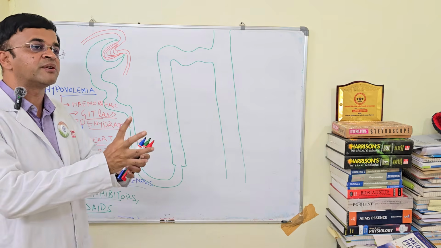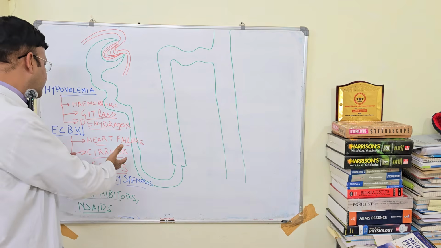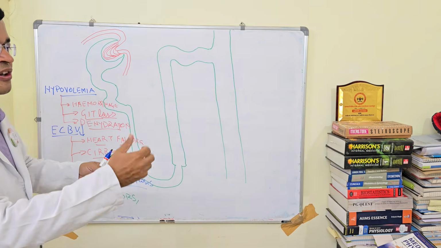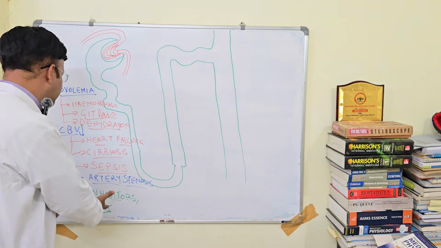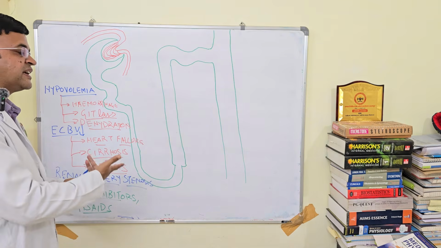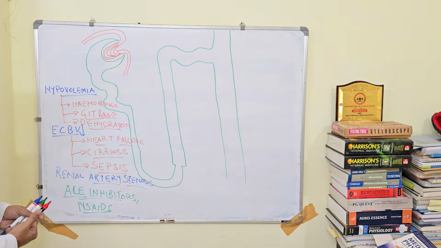Effective circulating blood volume has reduced, it can be due to heart failure, cirrhosis and sepsis. Even renal artery stenosis can also lead to acute renal failure. And ACE inhibitors and NSAIDs, right, can precipitate acute renal failure when the renal blood flow is already less, right?